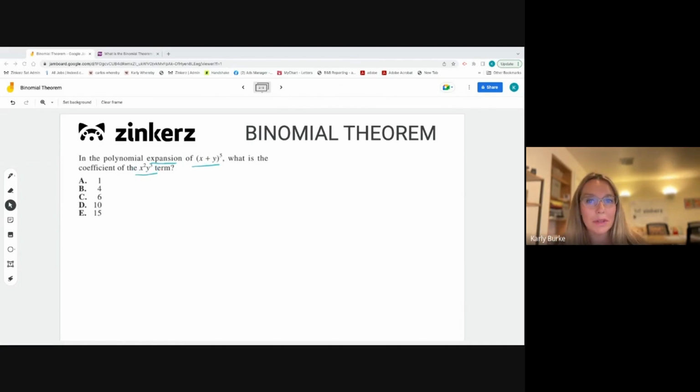So what we can do here is expand the whole thing if you want, and I'm going to go over how we do that. If you remember, we're going to do 5C0 x^5 y^0, plus 5C1. Now what happens with the exponents? The x's go down, the y's go up, and this 0 here also goes up every time.